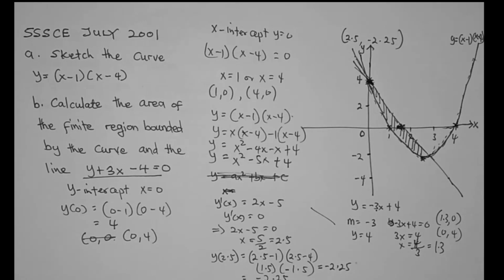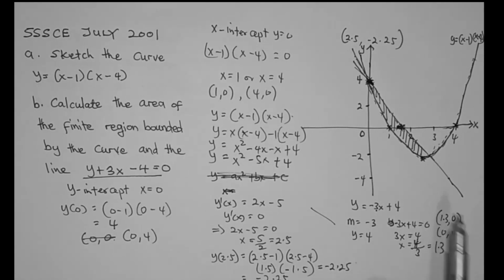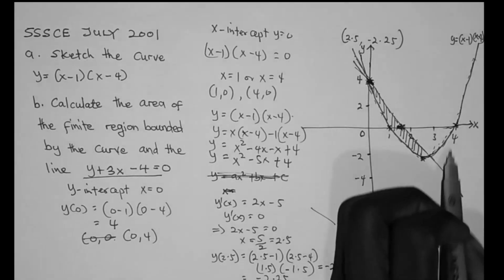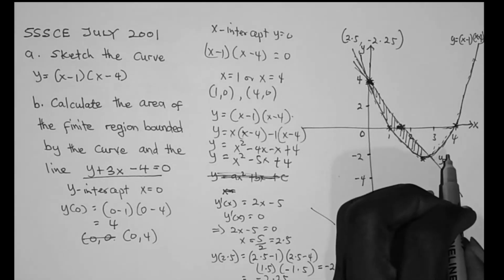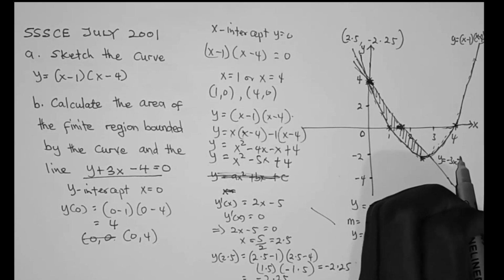But in order to find that region of space, we need to first find the point of intersection of both the curve and the line. So at the end of the day, this is y equals minus 3x plus 4.